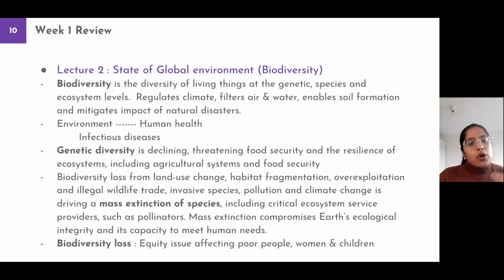Also, biodiversity loss is caused by land use change, habitat fragmentation, overexploitation, illegal wildlife trade, invasive species, pollution and climate change, and this is driving a mass extinction of species. It is believed that we are in our sixth cycle of mass extinction, and this causes critical ecosystem services to be disrupted.